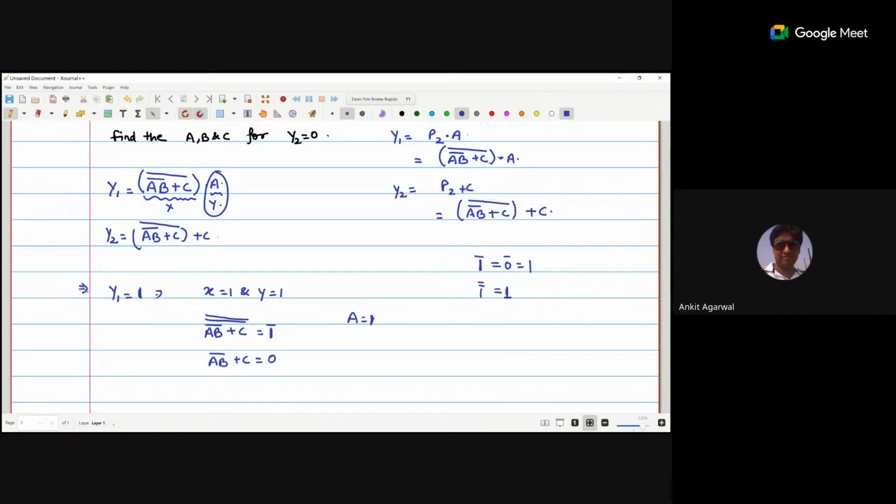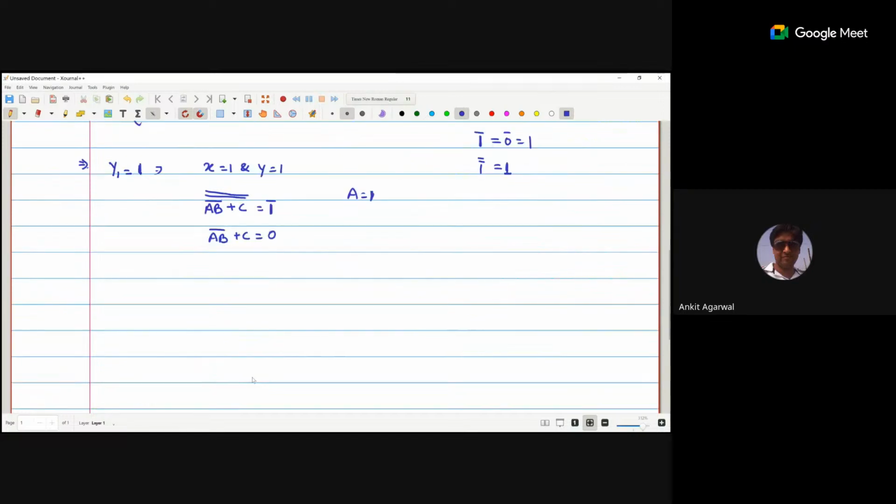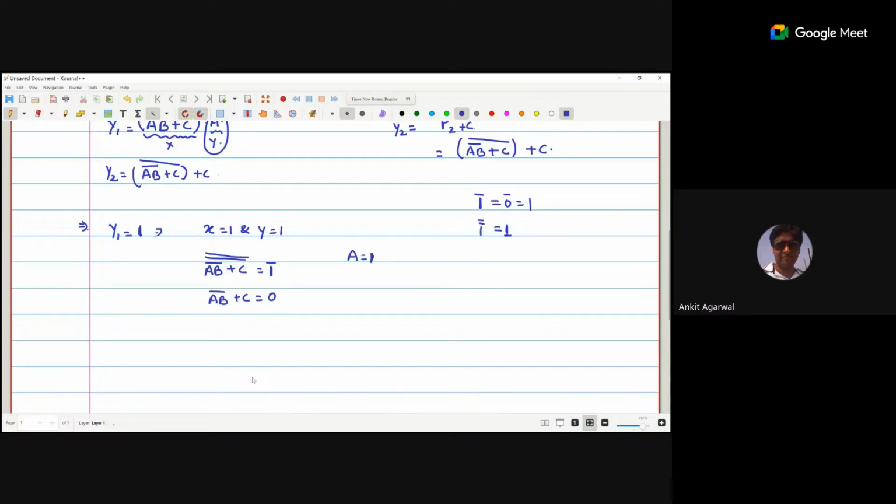If I take a double invert of (A B bar plus C) whole bar, that is 1 bar, which is equal to 0. Now if both terms are 0, then the output is 0 because it is an OR operation. So from here we are getting C is 0. Then A B bar is also 0.